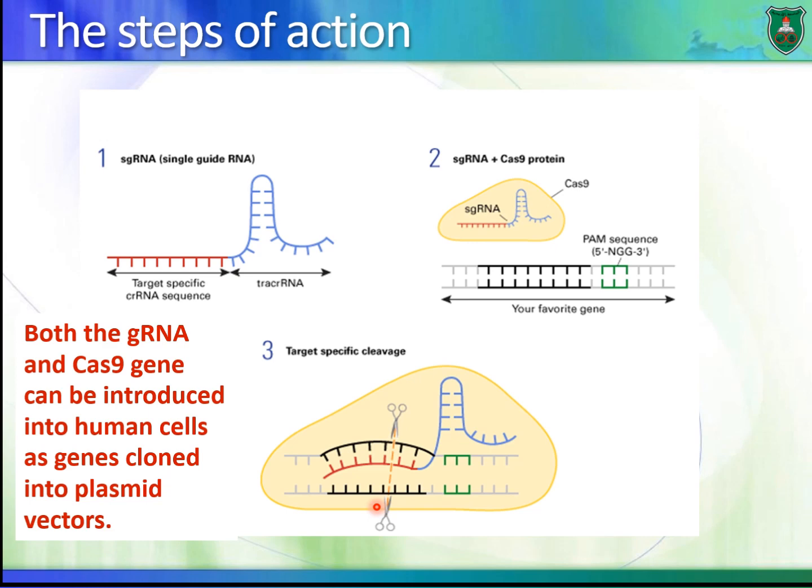Okay, so what we can do is create recombinant DNA molecules, plasmids that is, that contain the gene that would be transcribed into this guide RNA. And the plasmid would also produce Cas9 as well. Since it is a bacterial gene, we introduce it into human cells.